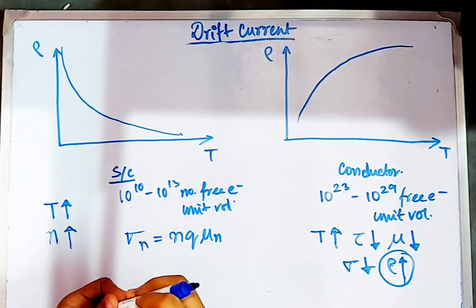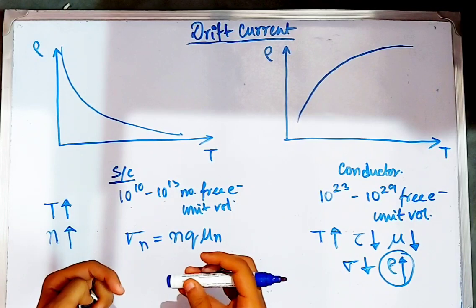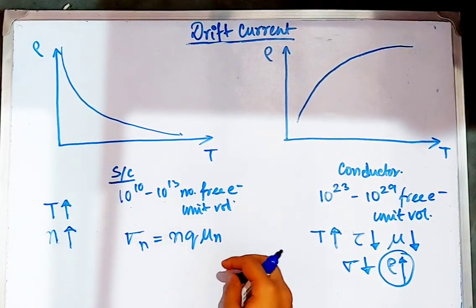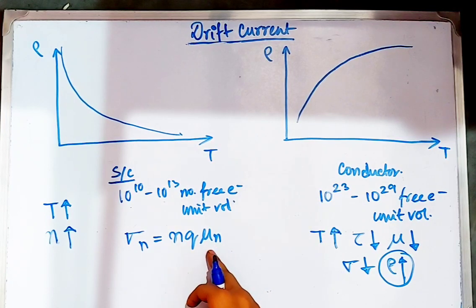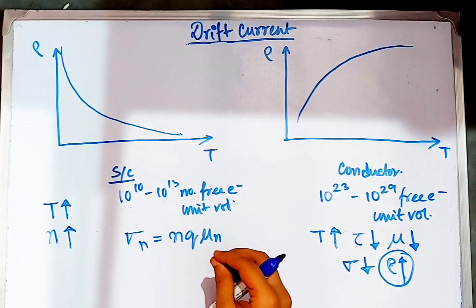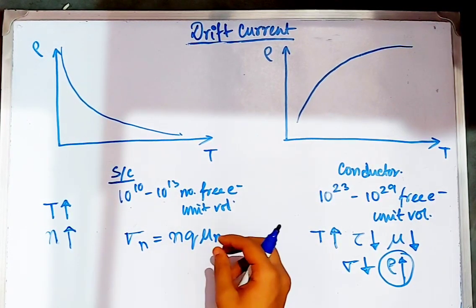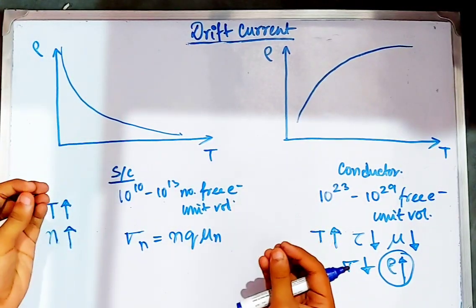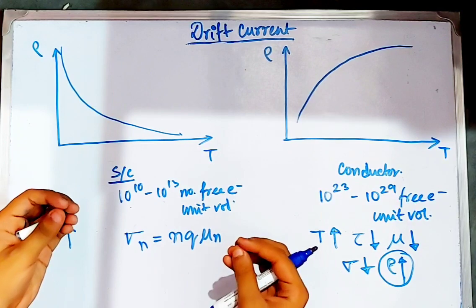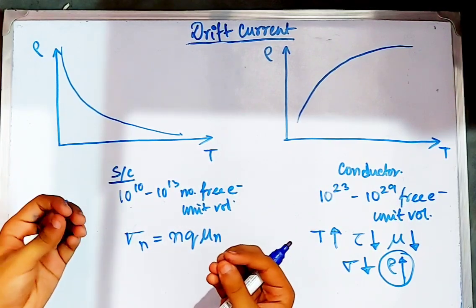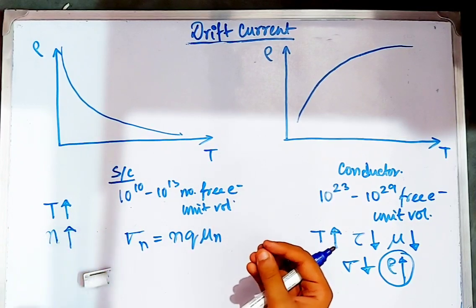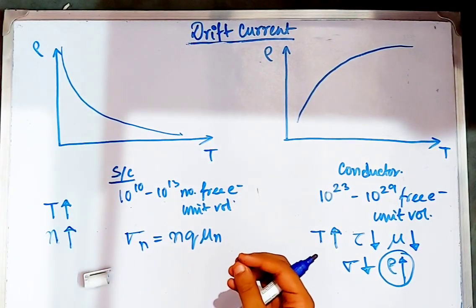Of course there will be more rapid collisions between the electrons, but the change in mobility is not significant, because the number of electrons is very small, so they have enough interatomic space to move randomly.